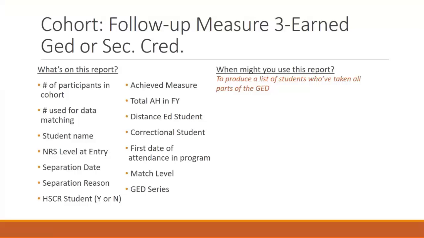So again, this is a really easy report to manipulate, do some really basic level analysis on, maybe help you see how many students have taken a certain portion of the GED or all portions. So I really highly recommend this if you are interested in GED or secondary credential outcomes in your program.